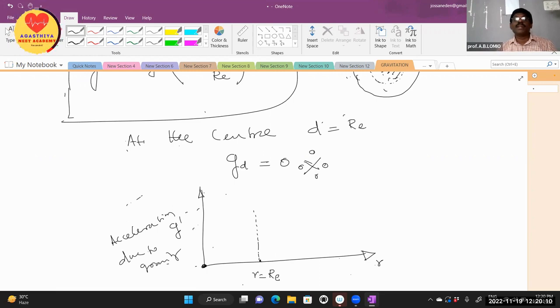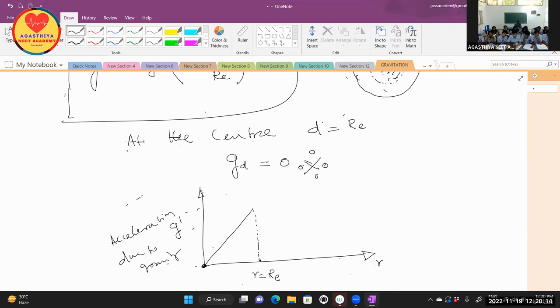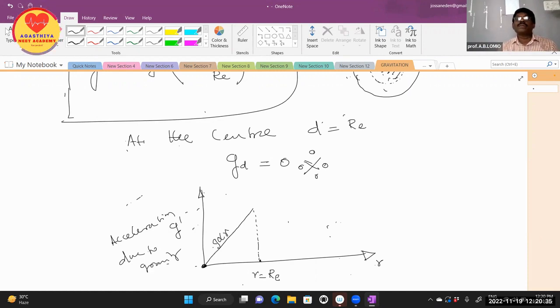Therefore, it will be a straight line. Inside the earth, the acceleration due to gravity varies linearly with respect to R, the distance, increasing to maximum at the surface level. When you proceed further from the surface above the earth, the acceleration keeps decreasing.